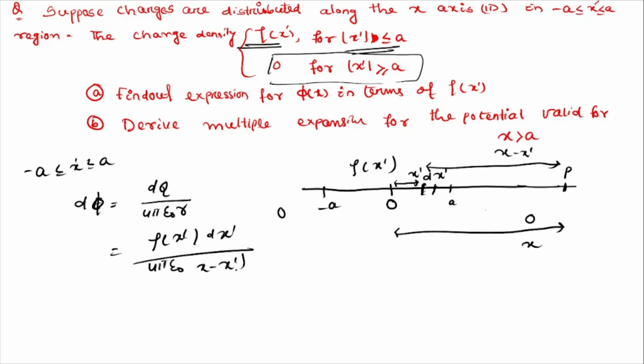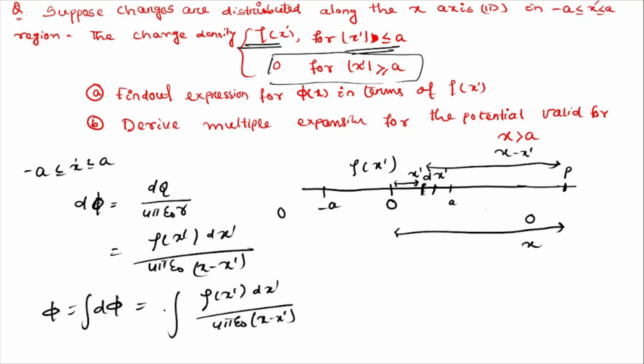So now phi is the integration of d phi, which is equal to rho x prime dx prime over 4 pi epsilon naught times x minus x prime, integrated where x prime varies from minus a to plus a.